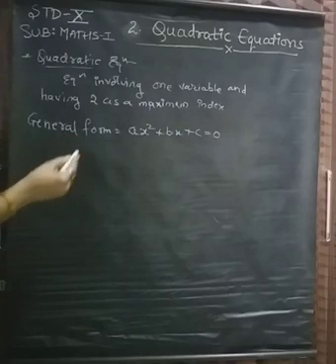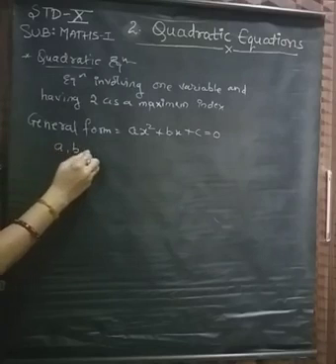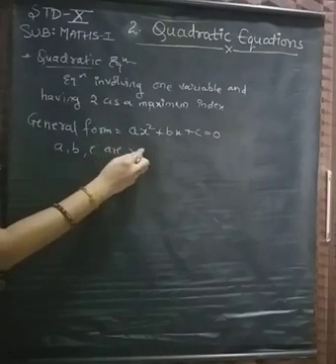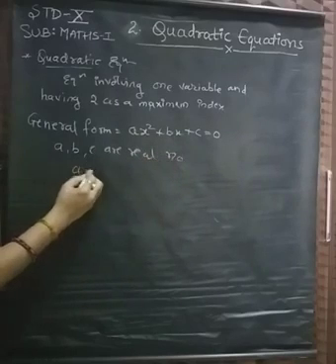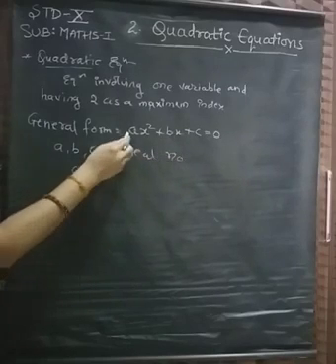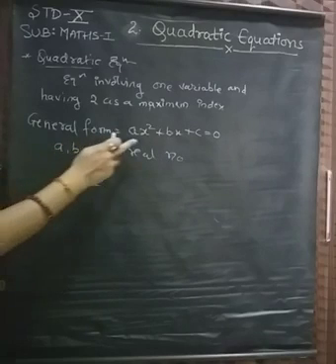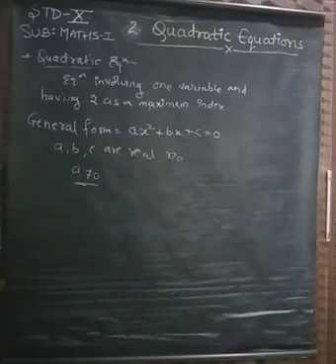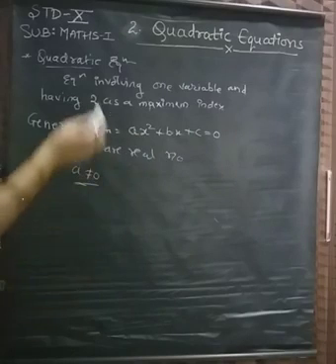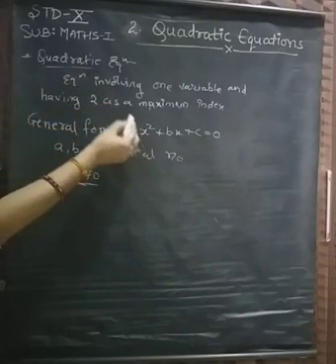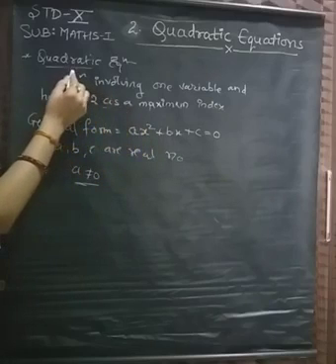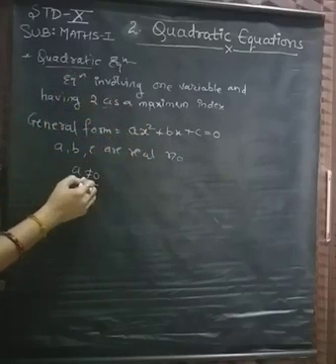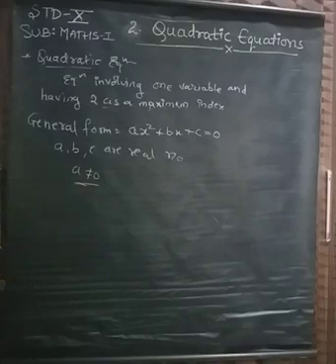Where a, b, c are real numbers and a should not be equal to 0. If a is equal to 0, then your equation will become bx plus c, and our definition says that the highest index should be 2. Then only you are going to call it a quadratic equation, so a should not be equal to 0.